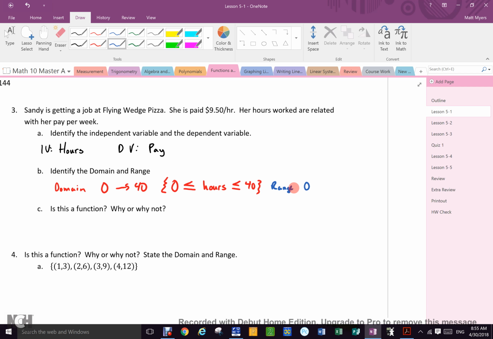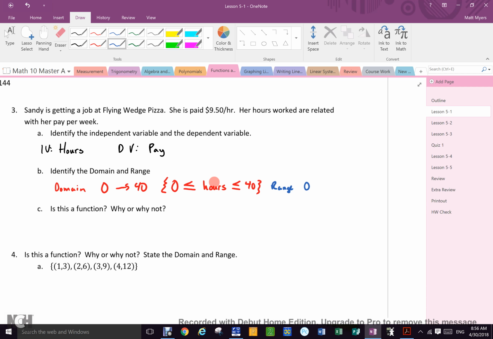What's the lowest amount she could make? 0. She goes in for 0 hours, she gets paid 0 money. If she goes in for 1 hour, how much does she get paid? $9.50. If I tell you she only works in full hour increments, could she ever be paid less than $9.50? No. So can I write it this way? No. Because it can only be $9.50 or $19 or $27.50.